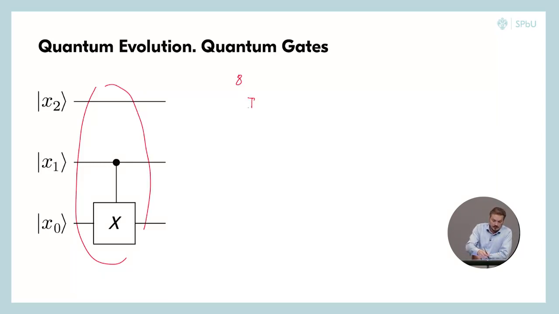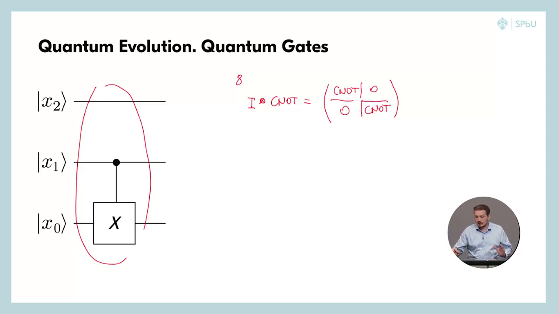And again, we can easily compute it. So it is this matrix. These are just parts, 4 by 4, in this matrix.